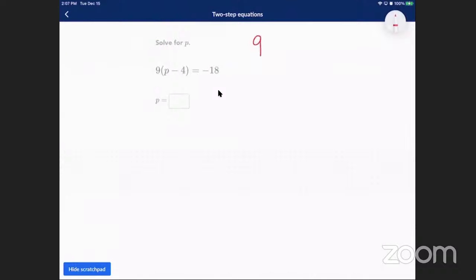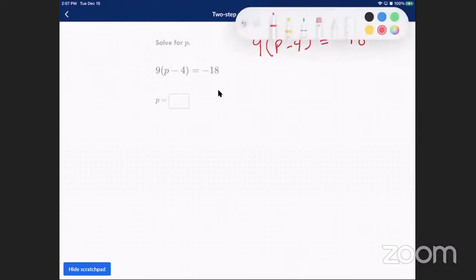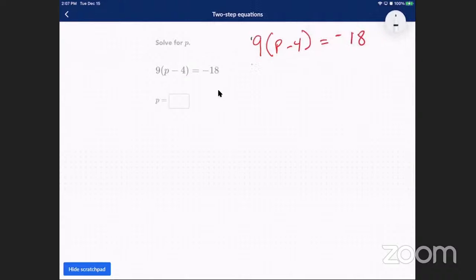So we have 9 p over 4 equals -18. And then you have 9 times p is 9p. And then you have 9 times -4, it's -36. So we have -36 here.